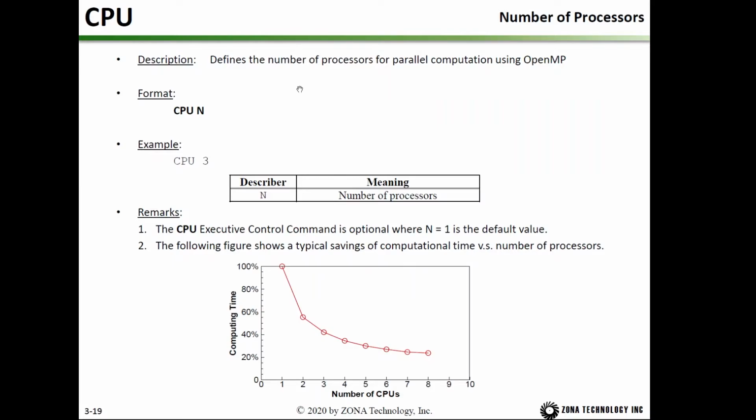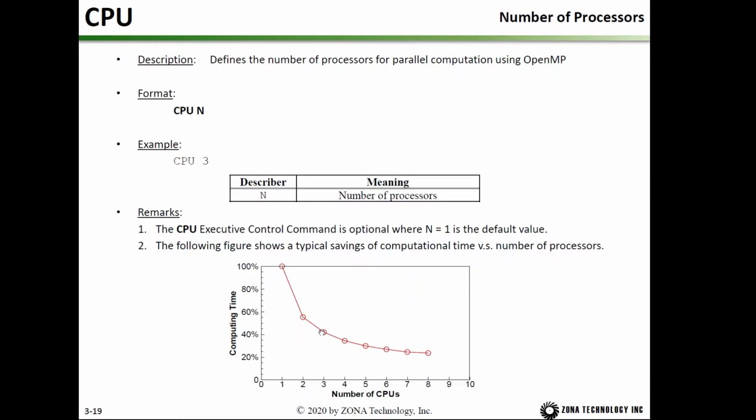CPU defines the number of processors for parallel computation using OpenMP. All the matrix operations in ZONAIR, for example if we want to perform matrix A times matrix B equal to matrix C, during this matrix multiplication, if you have multiple CPUs, you will increase the computational speed.